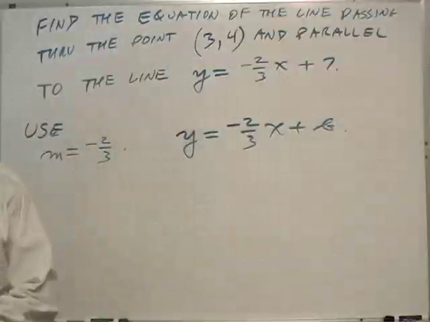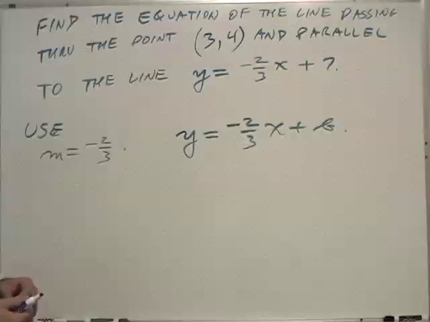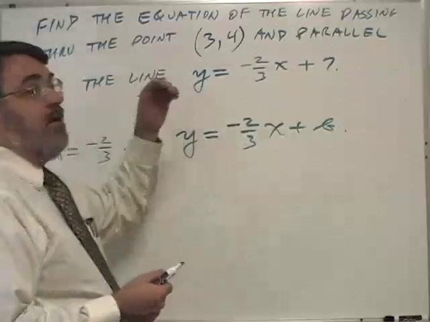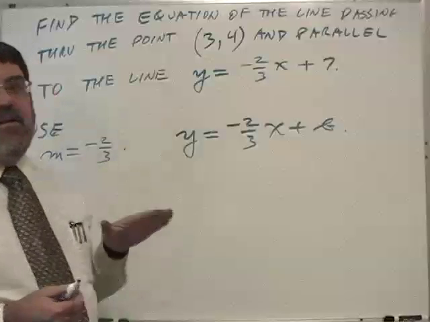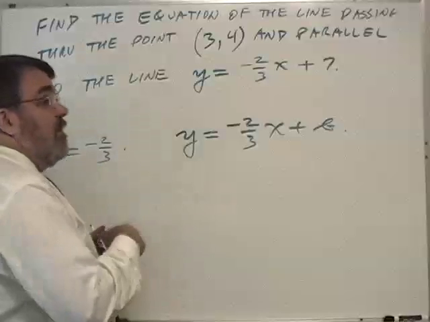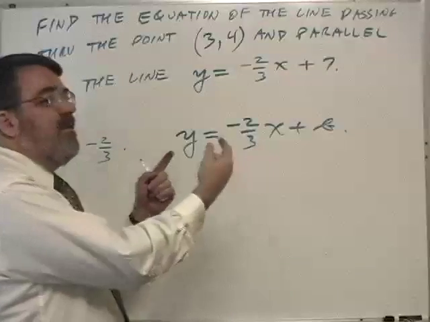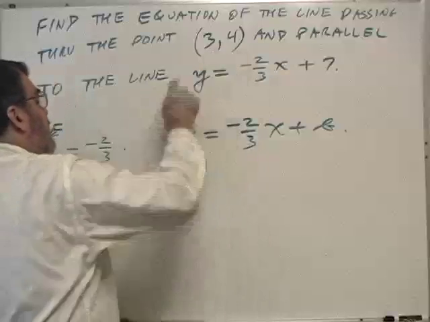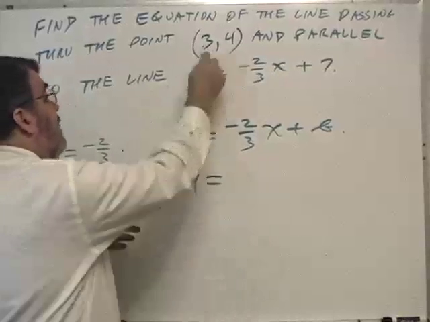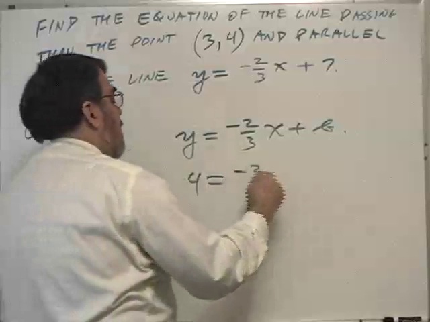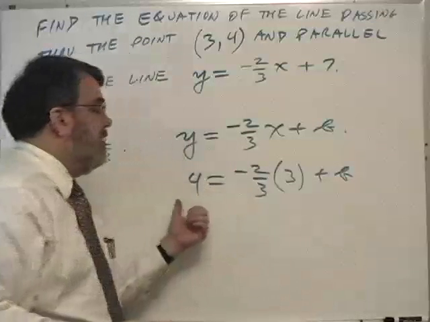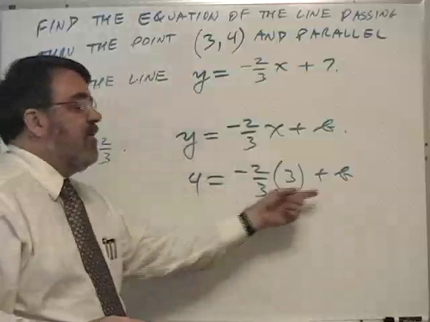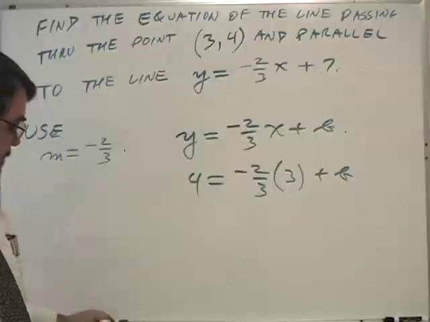And then to finish it, we need to use the other information, which we haven't used yet, which is what? It's the point (3, 4), through which the line passes. So I'll plug those numbers in, and remember, it's easy to get those backwards. 4 is the y value, 3 is the x value. So we have 4 equals negative 2/3 times 3 plus b.